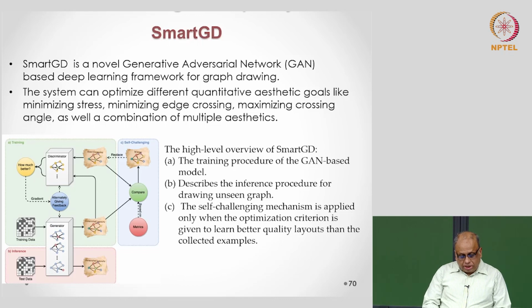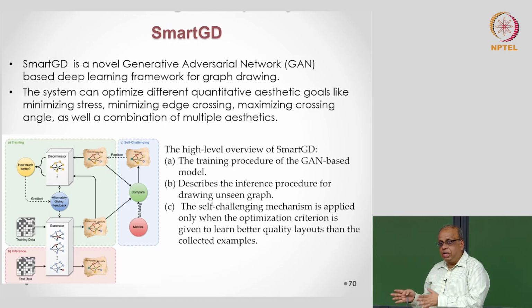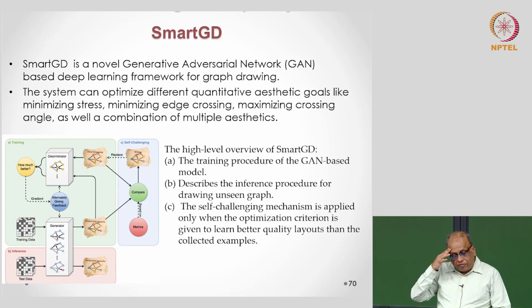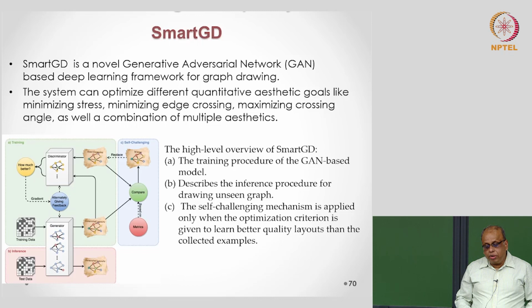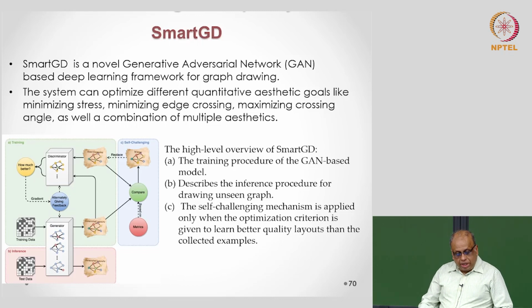The generator will try to generate fake images, while the discriminator will try to figure out that, okay, these are fake and these are real. That is in the context of, for example, deepfakes, which is maybe not a good thing, but in the context of graph layout, you can have a similar kind of thing.